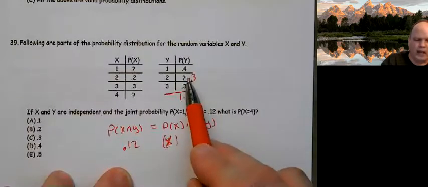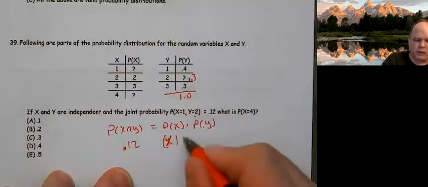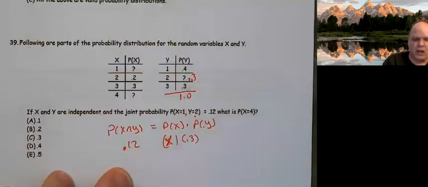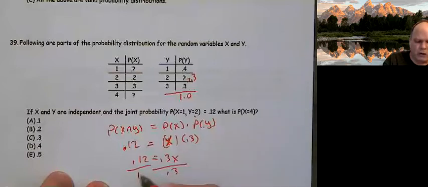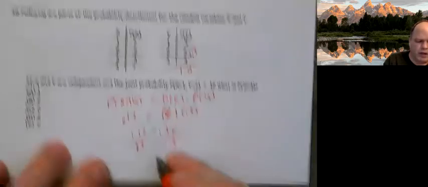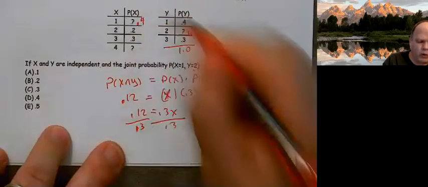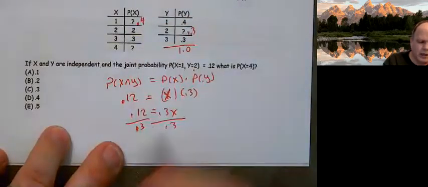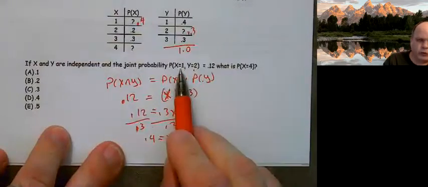But when y is 2, the probability is 0.3. So now I have 0.12 equals 0.3x, divide by 0.3, and I end up getting x equals 0.4. So 0.4 is the probability when x is 1.